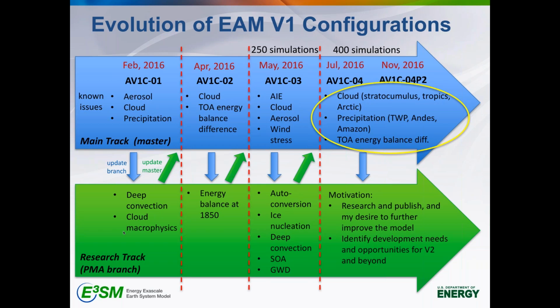And at this time, I was tweaking the deep convection and cloud macrophysics, which is CLUBB, that treats the cloud macrophysics, shallow convection, and turbulent mixing. And in April, we created the second configuration, which has a lot of improvements over the first configuration.